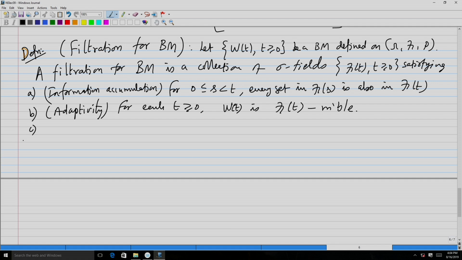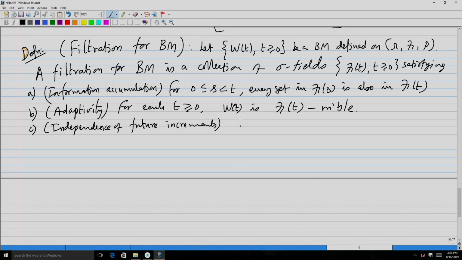Third is the independence of future increment property.